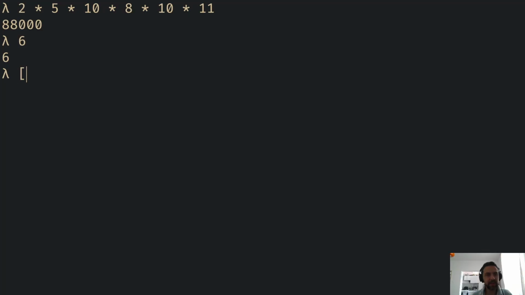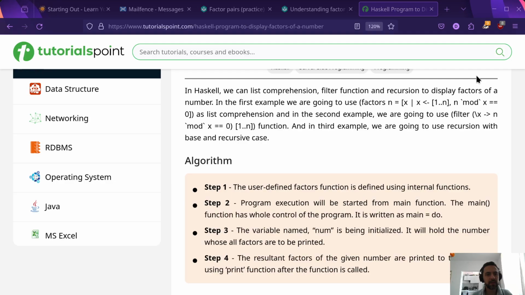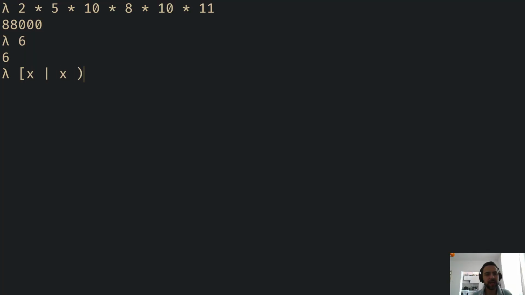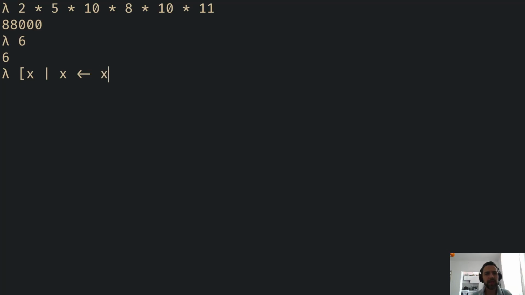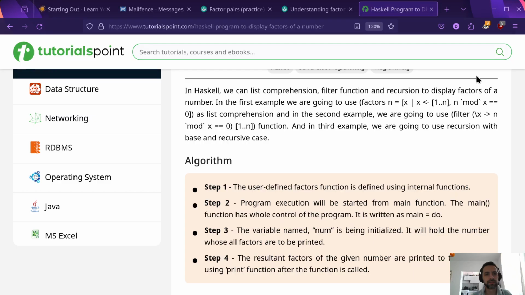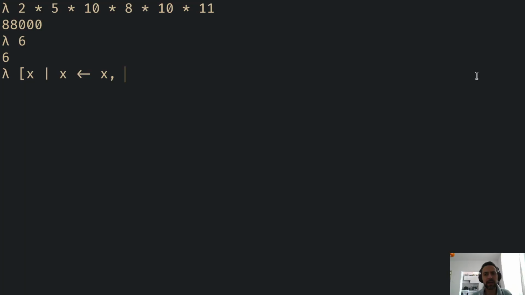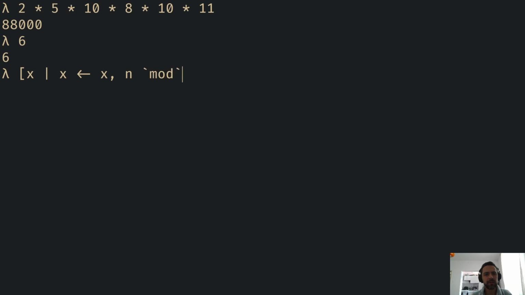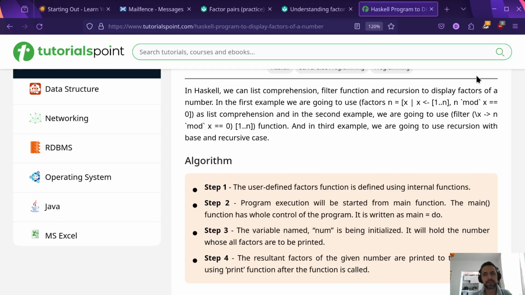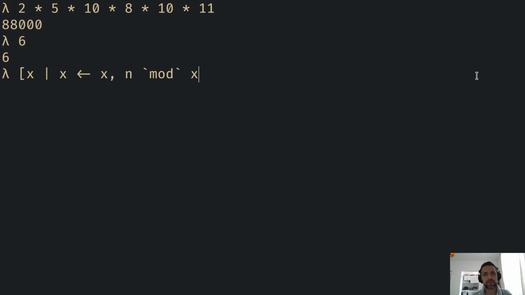So like, if I have an x, let's try this, and into the x goes what? x goes 1 to n. Into the x goes x. And n mod x, I don't know, will this work? n mod x equals 0.